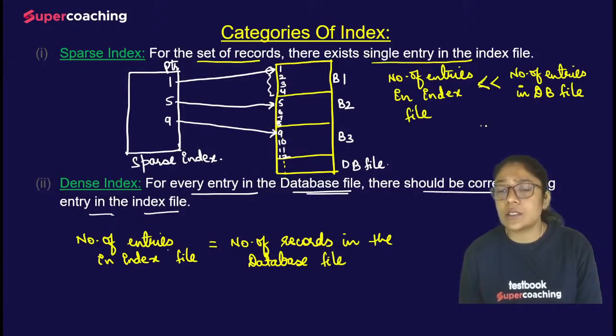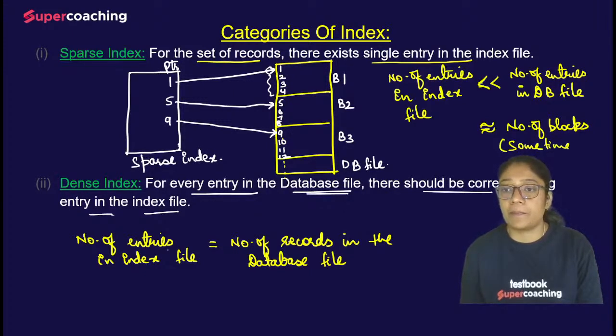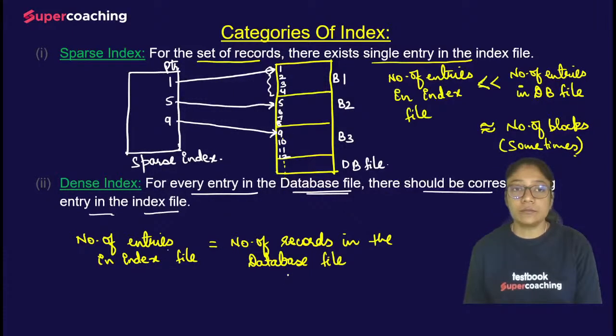And sometimes it is equal to the number of blocks, but not always. It depends on how you are storing the entries in the sparse index. Make sense? So this is about the categories of index.